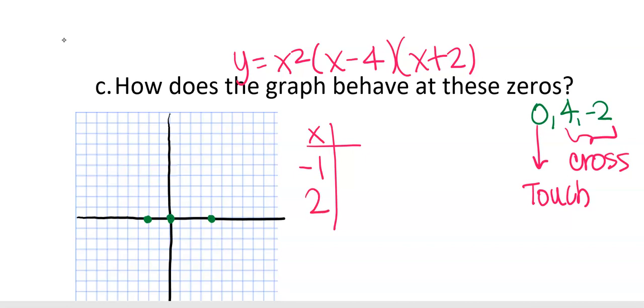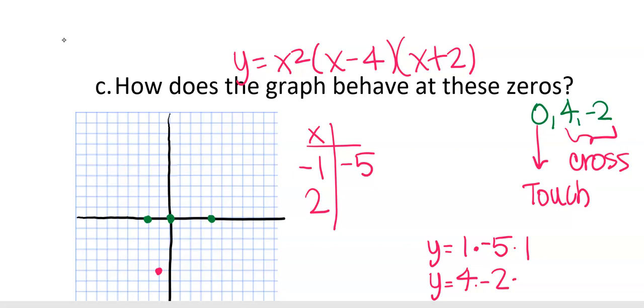So when I plug in those two numbers to this equation I just wrote down, I get -1 squared, which is 1. -1 minus 4 is -5. And -1 plus 2 is 1. So I'm going to graph it at -5. So I'm going to put that point in here, 1, 2, 3, 4, 5. And then I'm going to plug a 2 in there. I get a 4. And I get a -2.